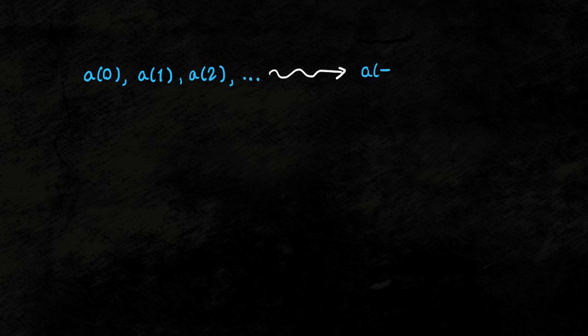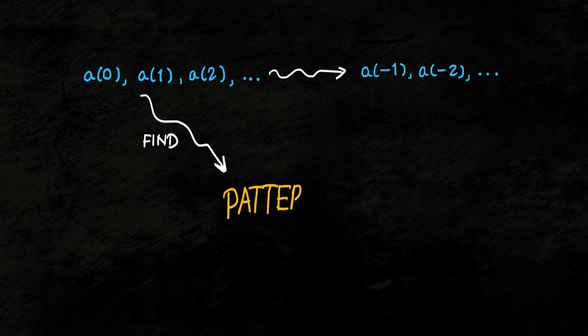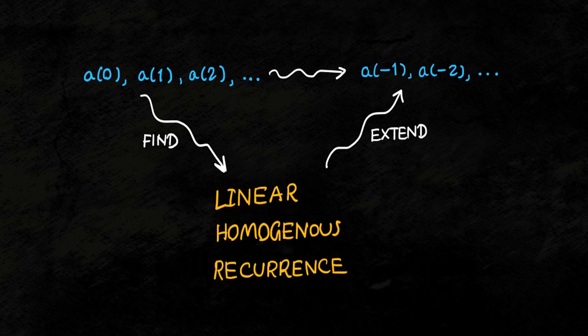We can use the same technique for the general sequences. Well, not all sequences, but a large family of sequences. So, given a sequence A0, A1, A2, and so on, what we do is we first find a pattern among the non-negative terms. For this video, the pattern that we are going to talk about is called linear homogeneous recursion.